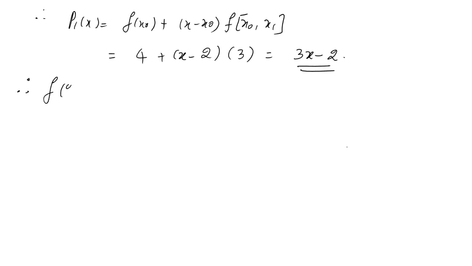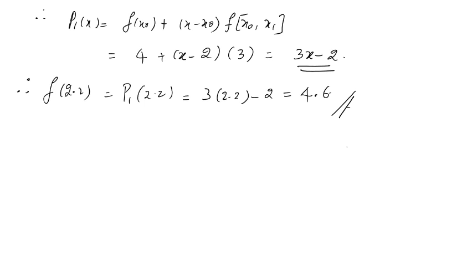Therefore the approximate value f(2.2) is nothing but P1(2.2), which is 3 into 2.2 minus 2. The value is again 4.6, right? See, the polynomial's structure is different, but the polynomial is always unique. Okay, this is one simple problem.